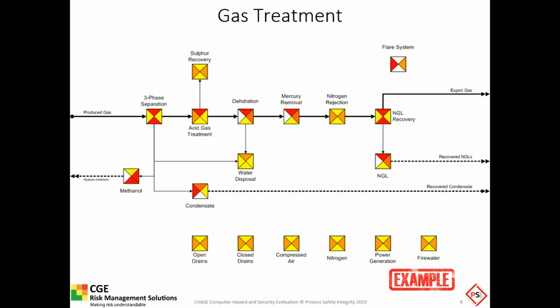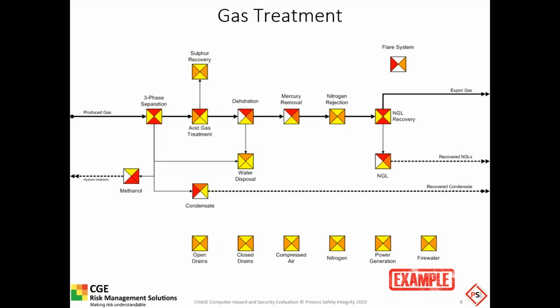Another example here is a typical gas treatment facility where you're separating the gas from liquids. You're then treating the gas, disposing of the liquids, and sending it forward to some pipeline system. But the important thing to mention here is that below we have all these utilities. We have boiler systems, steam systems, power generation systems, compressed air.